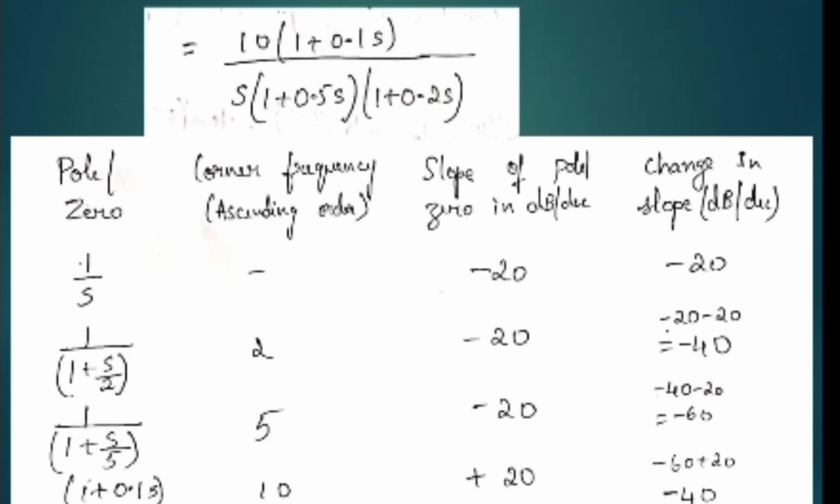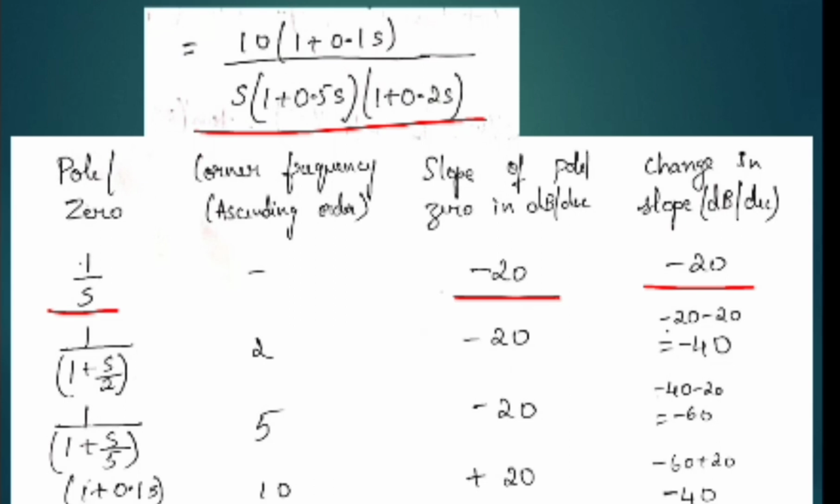Now let's find out the change in slope with each of the poles and zeros. So first pole is 1 by s, which has slope of minus 20 decibel, as all the poles will have slope of minus 20 decibel and zeros will have plus 20 decibel per decade. So the total change in the slope is minus 20 decibel.